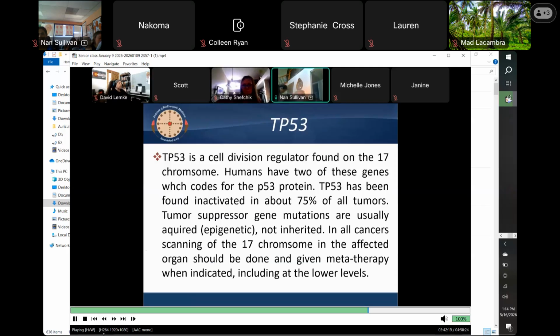You want to turn that gene back on. You want to turn TP53 on because 75% of all tumors have it inactivated. And you do that at the top level to begin with.